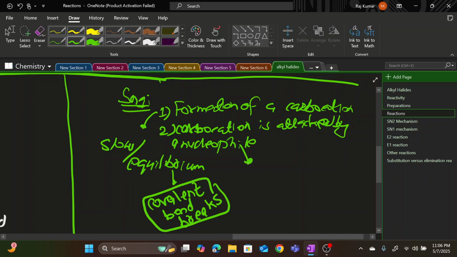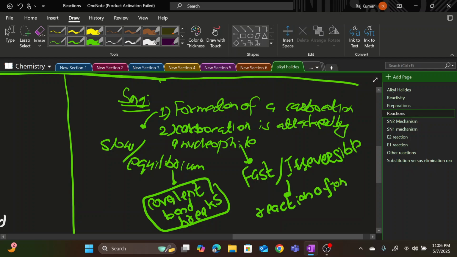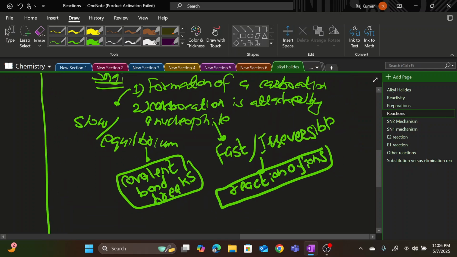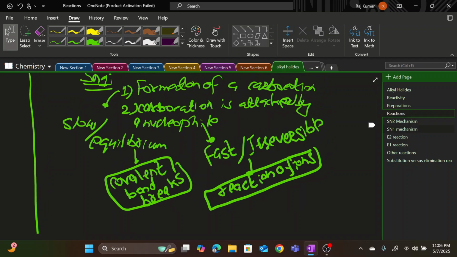The second stage is pretty fast, and it is the irreversible stage. Why? Because in this stage there is reaction of ions. So these are the two important things to be understood.